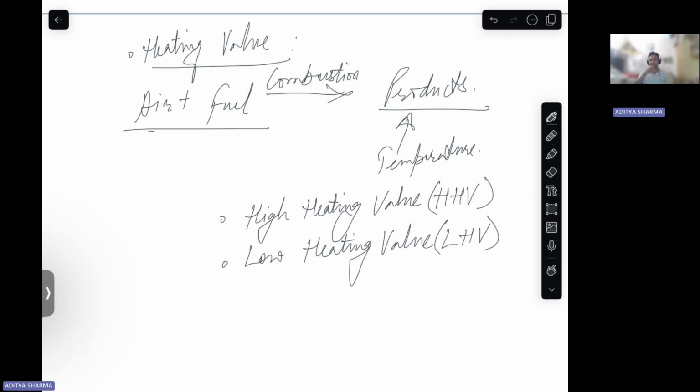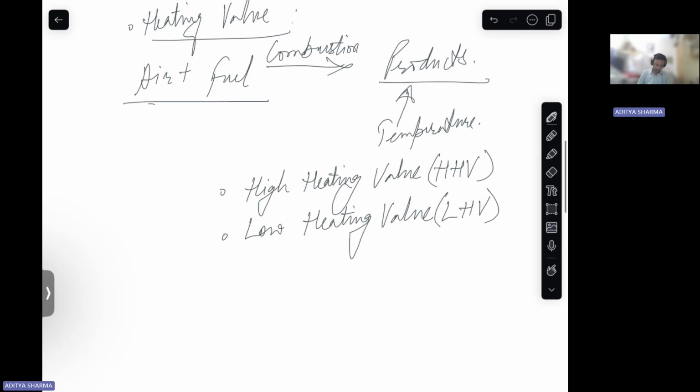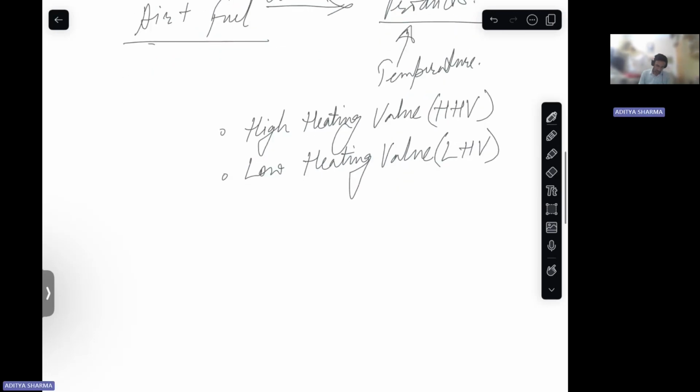So what is high heating value and what is low heating value? Again, let's see. Let's say we have fuel, air, products. In the products, we will somewhere have water also as a product. When hydrogen reacts with oxygen, it will give water.